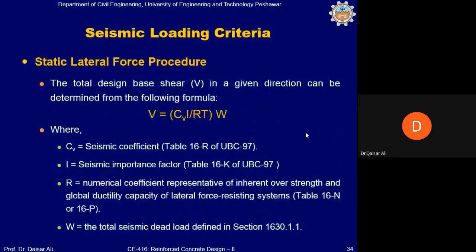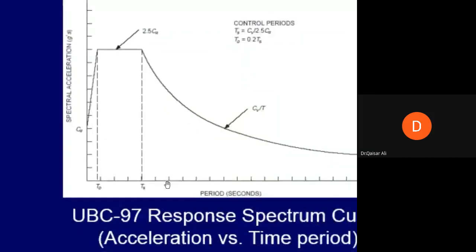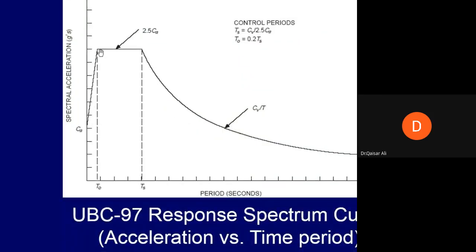However, with respect to the response spectrum, I can briefly tell you that if you look at this flat part of the response spectrum curve, you can see an arrow at 2.5 CA here, which means that this is the maximum spectral acceleration on this part.